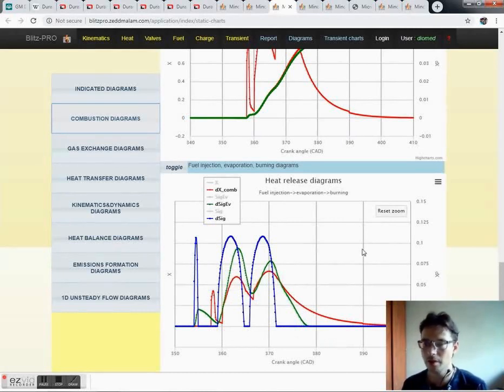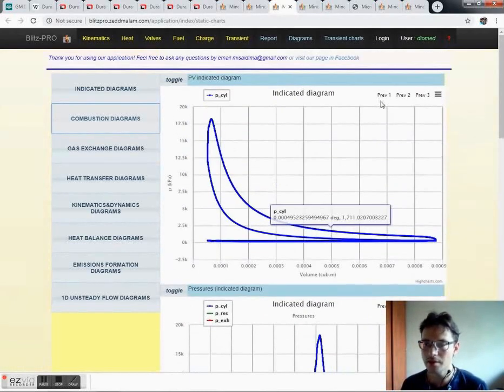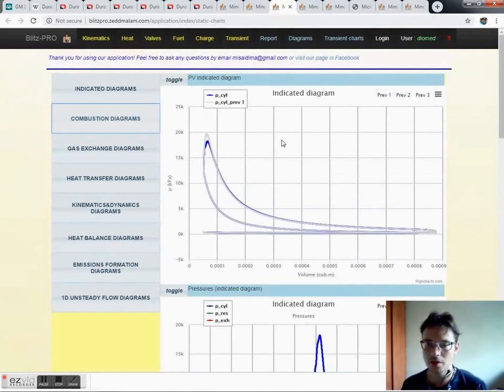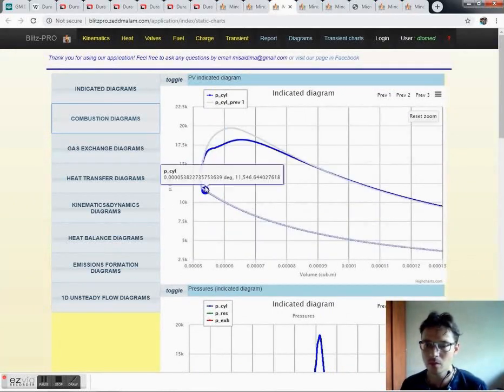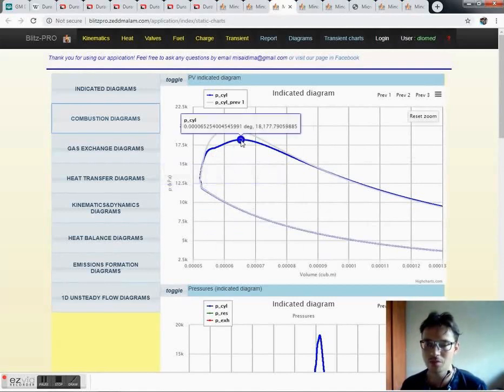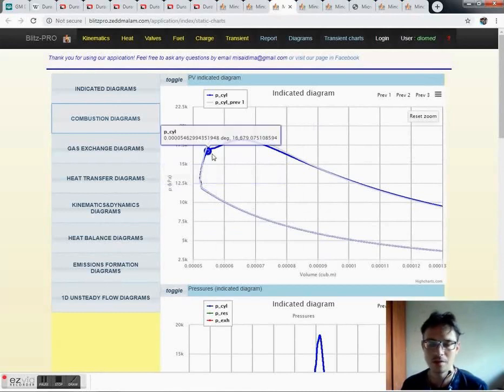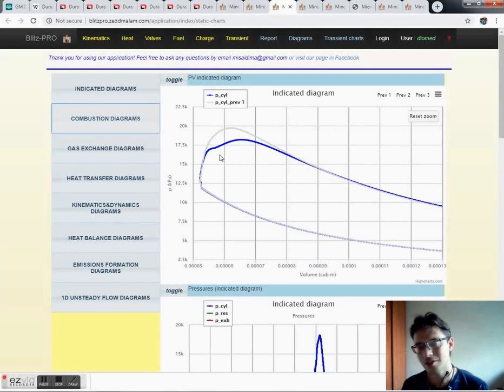Now we can combine this diagram for the triple injection with the diagram for double injection. Here we can see how we control the maximum pressure by splitting the main injection into two portions, and by making it smoother.